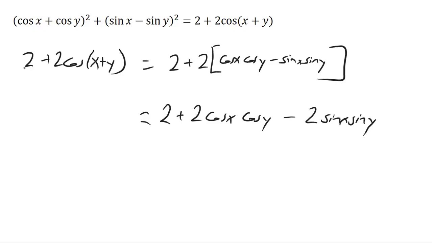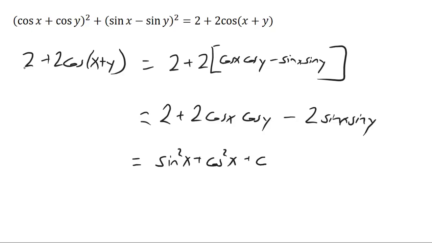Now if we look from here, we have to match this guy. As I was saying earlier, we probably need to do some factoring. So maybe let's break up this 2 into sine squared plus cosine squared. That's equal to 1, so we need 2 of those. So we probably want sine squared x plus cosine squared x, that's equal to 1.